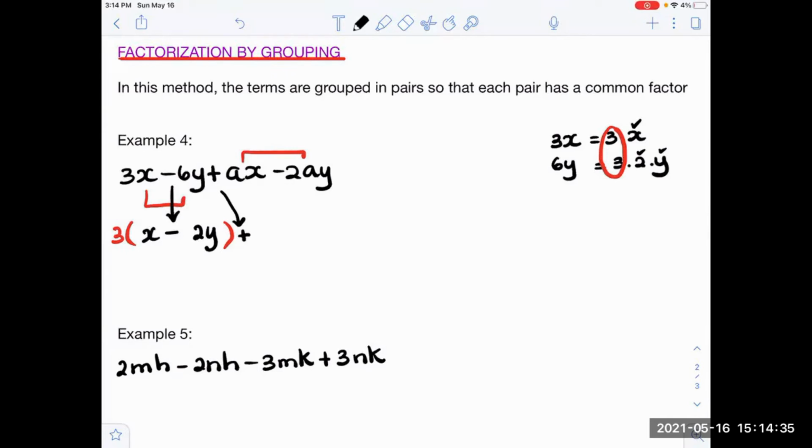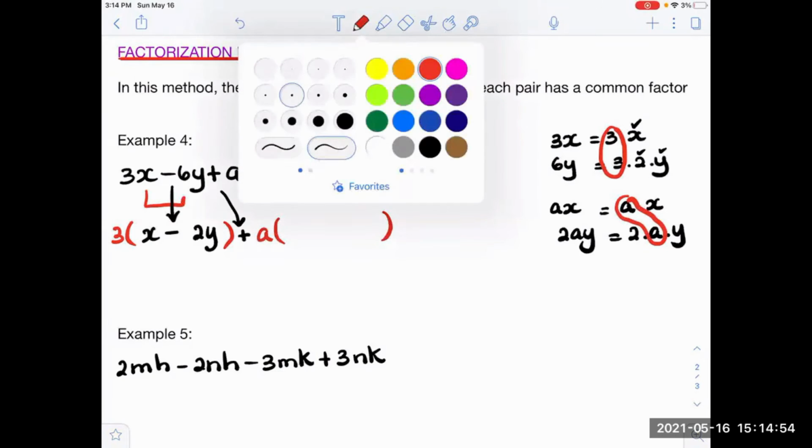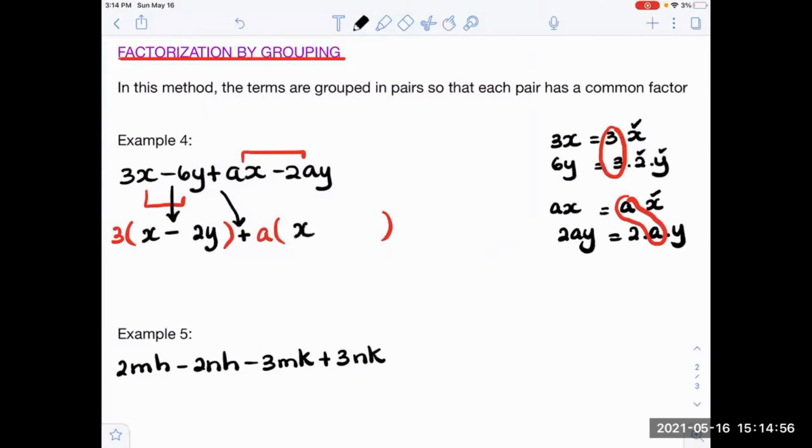So for my next two terms, I have ax and 2ay. ax, a by x, 2 by a by y. I am now going to circle the common term, which is a, and the terms that were not circled go right back in. x and 2 by y.